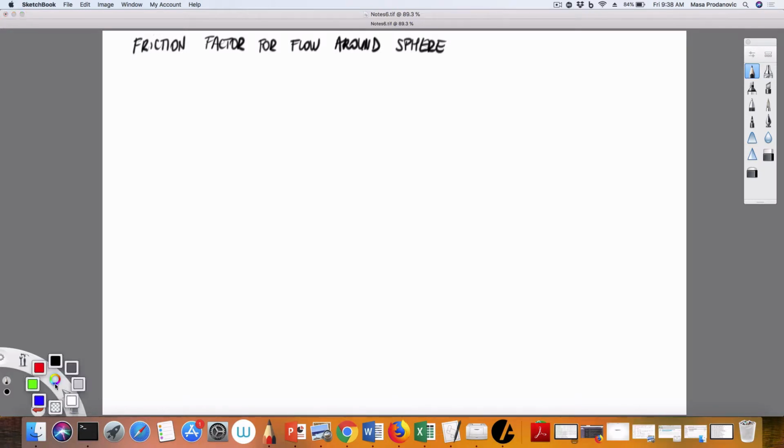So again, I know my formula F_k is A K F. That's what I'm going to use to define the friction factor. I just have to agree on what my A is going to be and what my K is going to be. If I have flow around a sphere, there's a far field velocity V infinity.